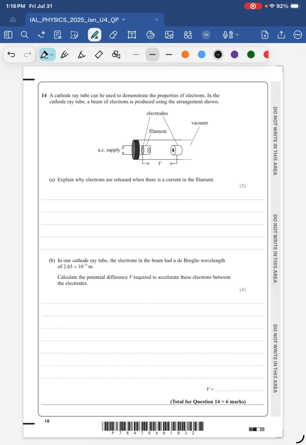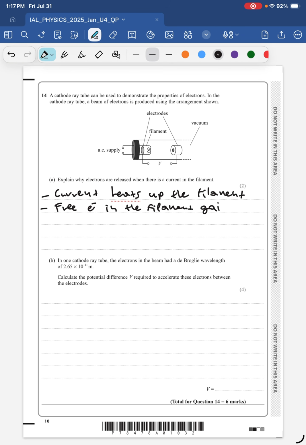All right. Explain why electrons are released when there is a current in the filament. That's the first question. So current heats up the filament, okay, as it runs through it. So free electrons in the filament gain energy, okay.